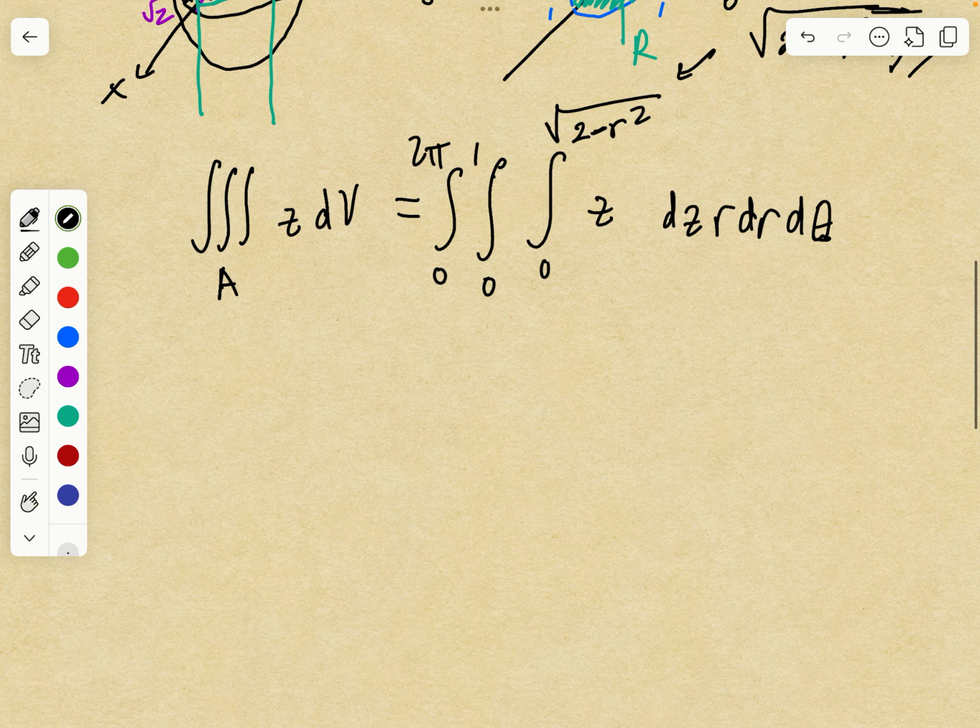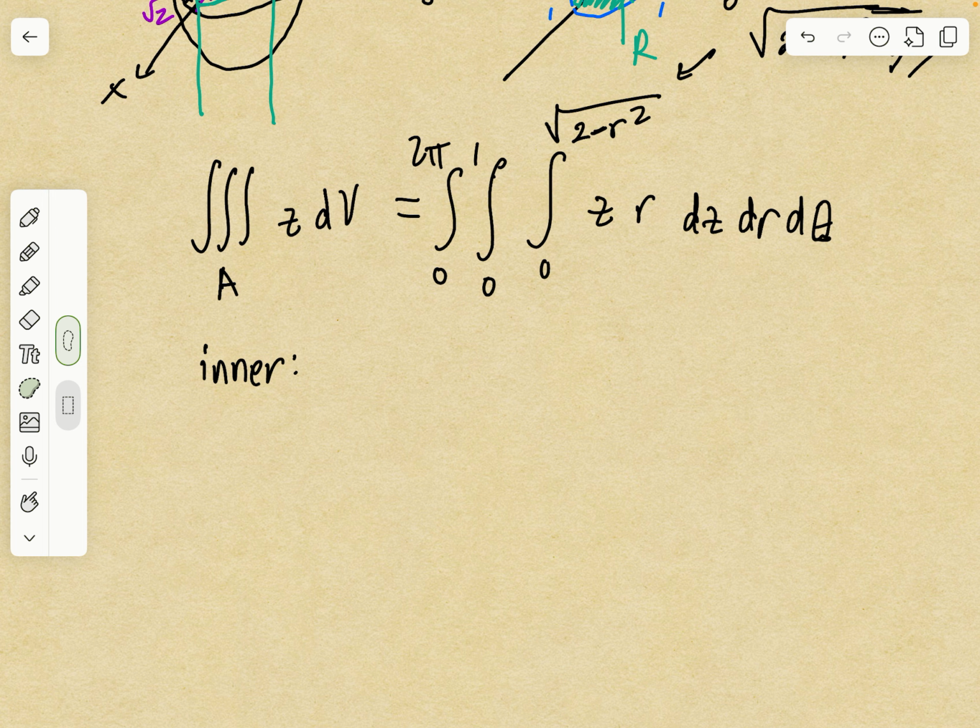And now it's time to do the integral. So the inside integral. Now notice that you cannot split the function. Let me swap the r and the dz. You can't split this into a product of integrals because one of the bounds is not constant.